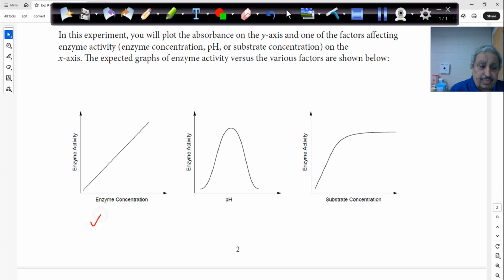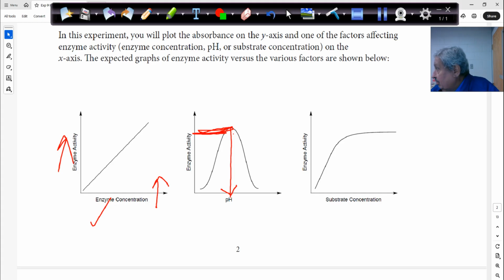So we'll do the first one here. The enzyme activity is directly proportional to enzyme concentration, meaning the higher the concentration of the enzyme, the higher the enzyme activity, and vice versa. If you increase the enzyme concentration, the enzyme activity will go up. And the pH is totally different. The pH has a maximum or optimum pH that the enzyme will work on.